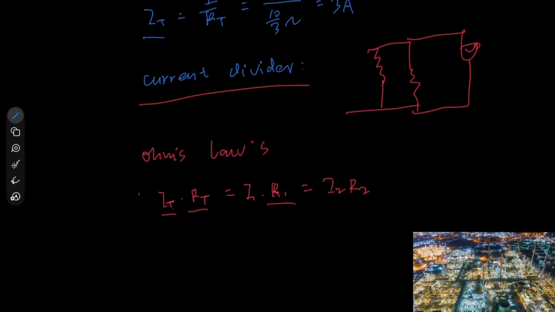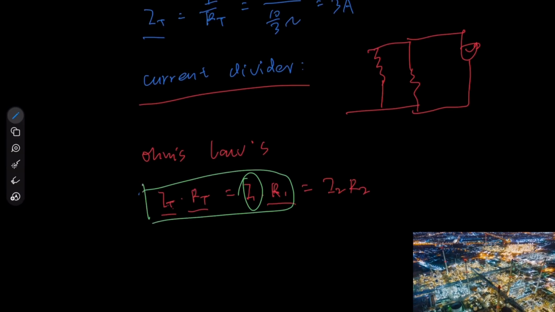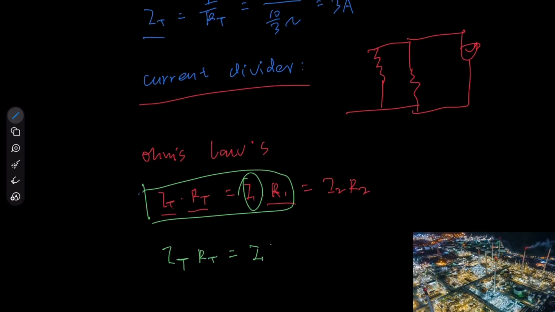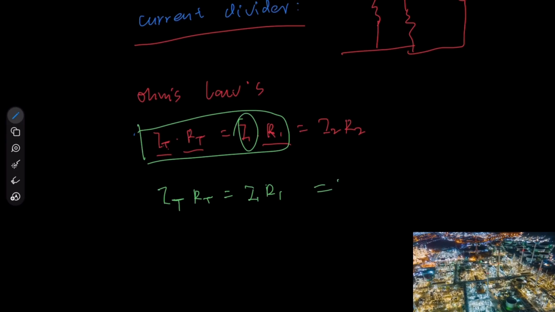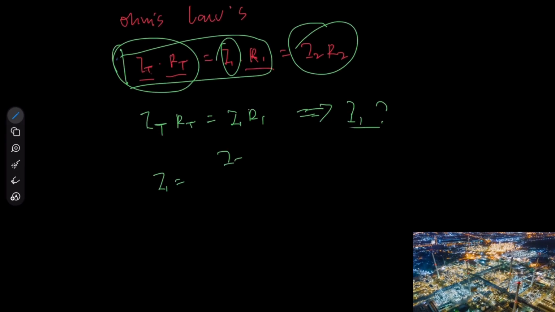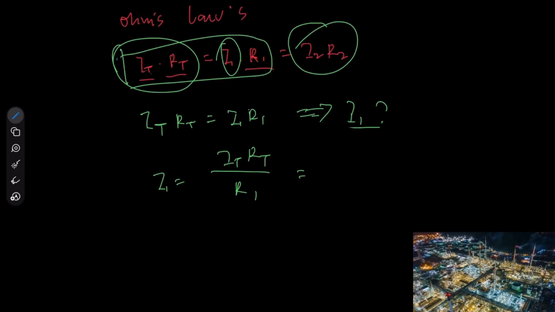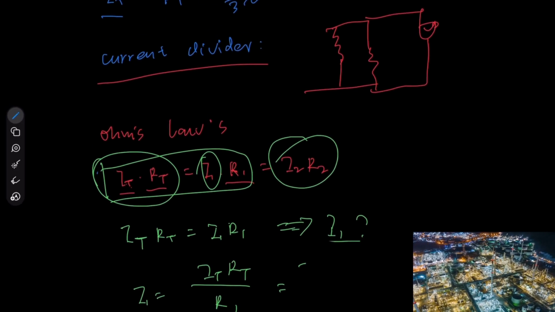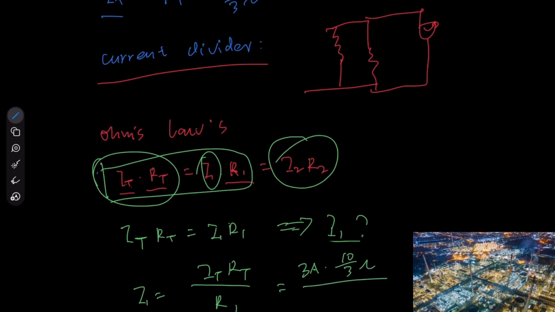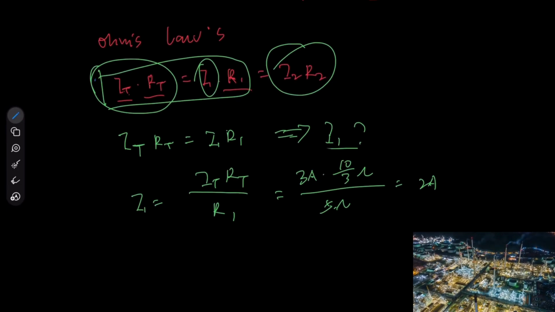How do we solve for I1? If we have IT RT equals I1 R1, how do we find I1? So I1 will equal IT times RT divided by R1. So we have IT equals 3 amps times RT, which is 10 over 3 ohms, divided by R1, which is 5 ohms. So that will give us 2 amps.